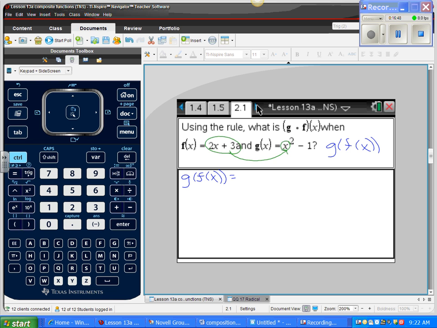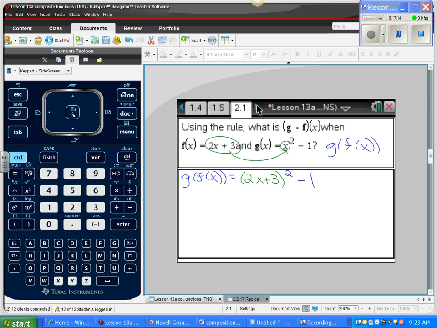Okay, so we're going to do the composition. So again, this is the substitution one, right? We're not evaluating a number, we're actually doing the composition. So we're taking all of f of x, that 2x plus 3. And I'm doing what to it? Squaring it. And then I'm subtracting 1.